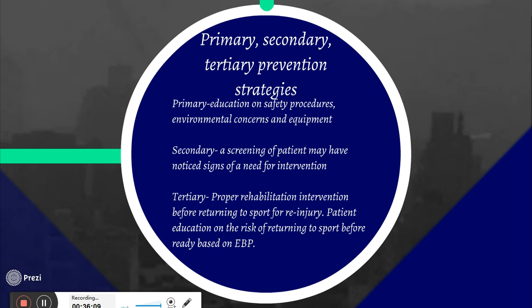Tertiary, such as proper rehabilitation intervention before returning to sport to prevent re-injury, could have also helped this patient greatly. And then patient education on the risk of returning to sport, based on evidence-based practice, being able to explain to the patient what they should do based on the best evidence.